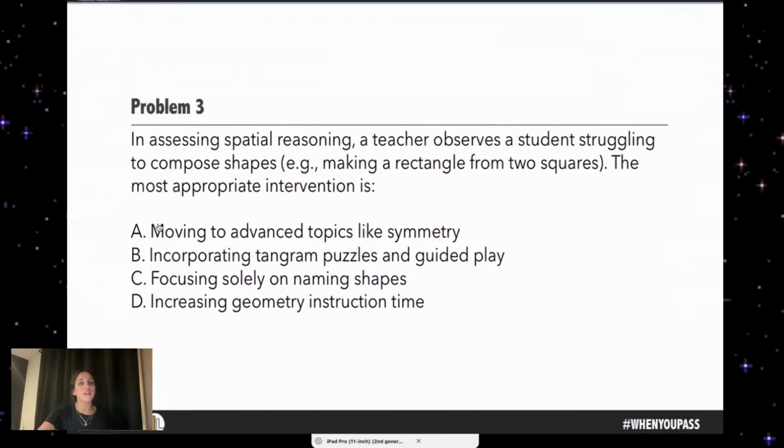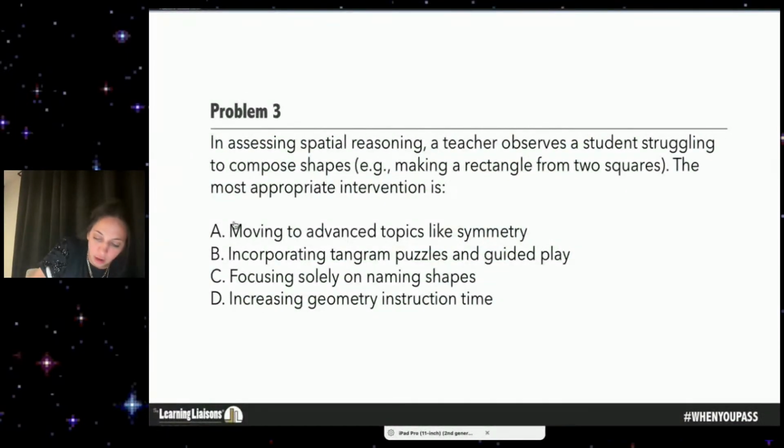So while this example right here might be elementary, composing and decomposing shapes is really beneficial for everybody because K through 12, they're going to encounter composing and decomposing shapes. It's just a matter of what it looks like.